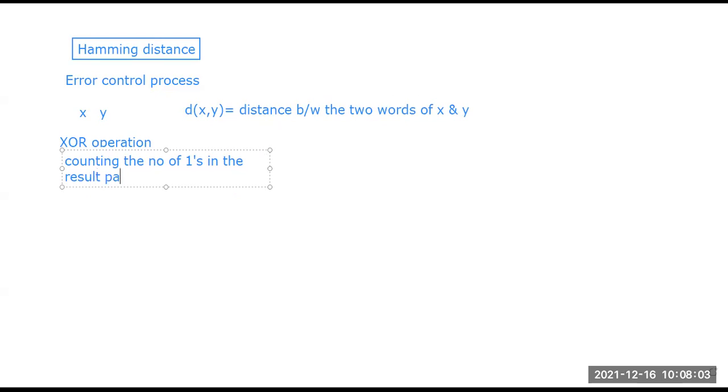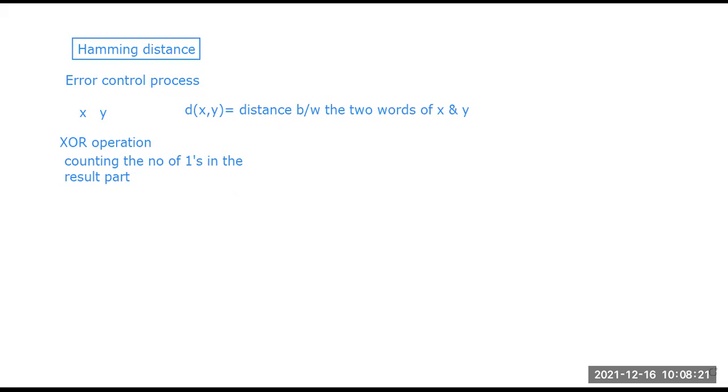So first we apply the XOR operation between the two words, and then we count how many ones are present in the result.